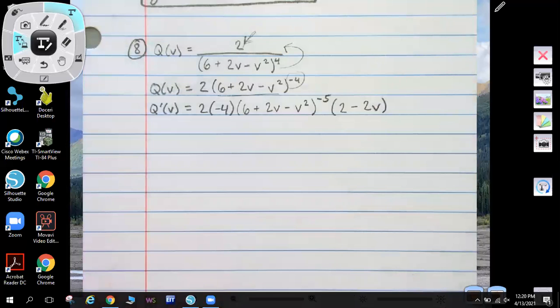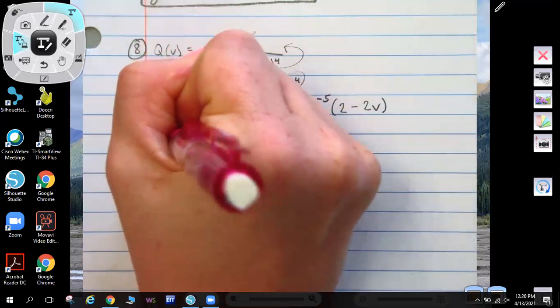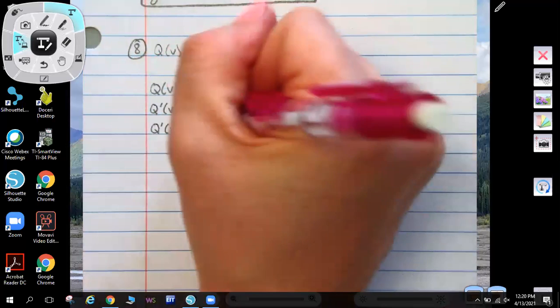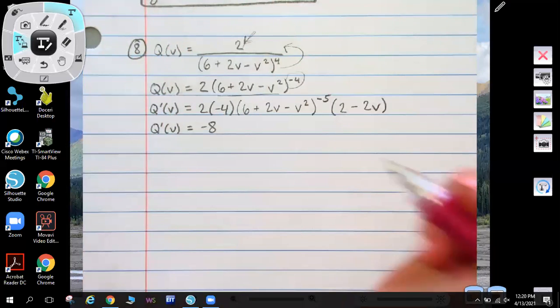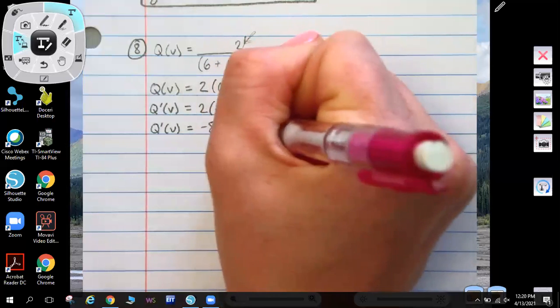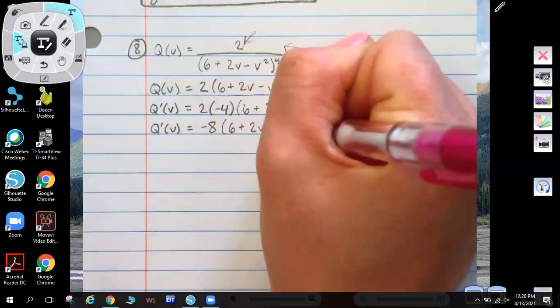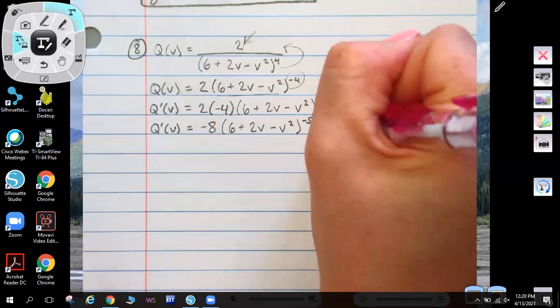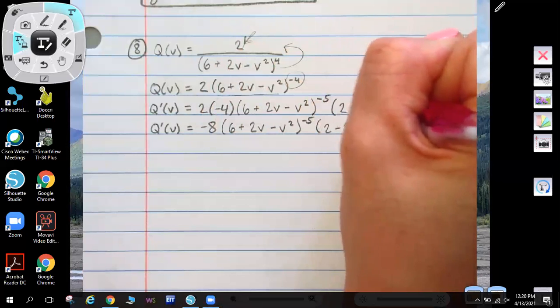Okay, let's simplify as much as we can here before we take the second derivative. We've got 2 times negative 4, which is negative 8, times 6 plus 2v minus v squared raised to the negative fifth, times 2 minus 2v.